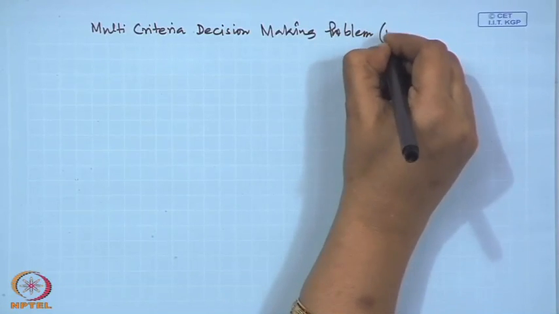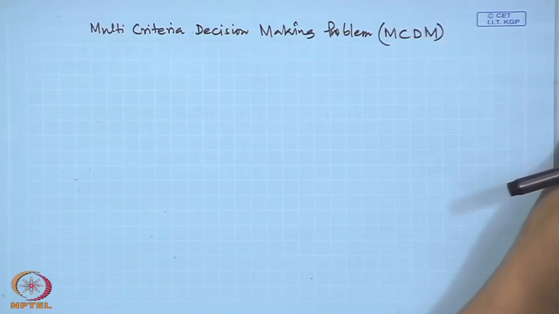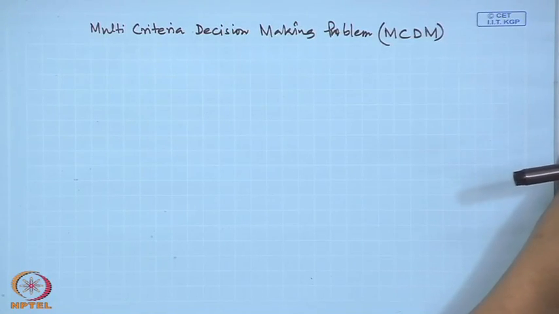Once we have several objective functions together subject to a set of constraints, the traditional linear programming or nonlinear programming techniques we have learned are not directly applicable, because we have several objective functions and they are conflicting. In general, they are non-commensurable in nature. Now, how to tackle this kind of problem?